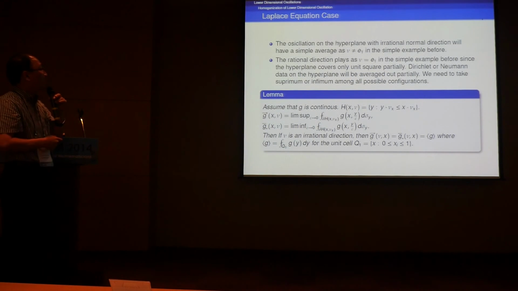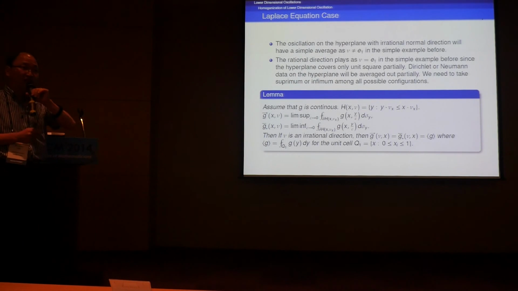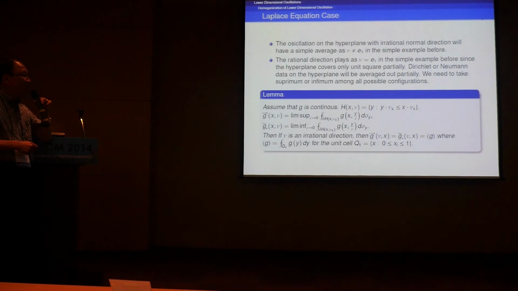Then if you look at the Laplace equation, you have a Green representation theorem. So you look at the boundary data through the integral. We take the hyperplane with a given direction at a given point, then look at the average there, and take the limsup and the infimum among the possible boundary values, and we denote them like that.